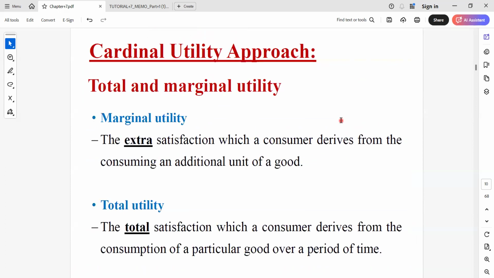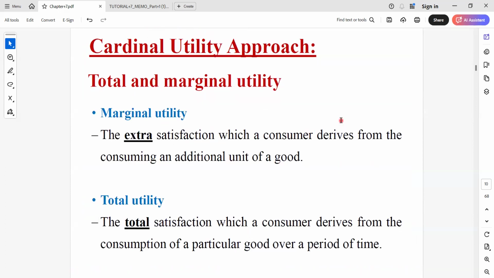And then you have the cardinal utility approach, total and marginal utility. We're going to use the cardinal utility approach here, meaning that we're going to be measuring utility by giving it numbers, which are called utiles.